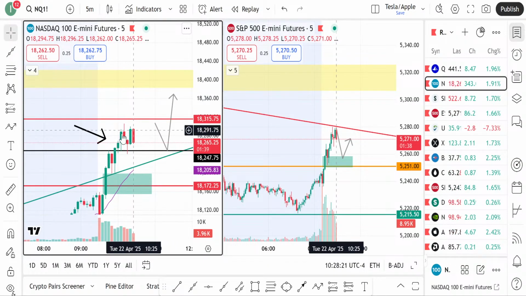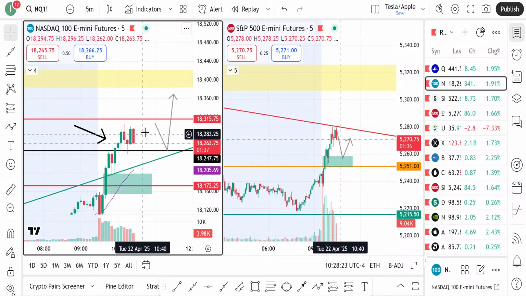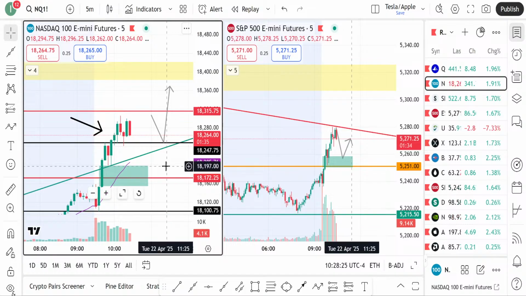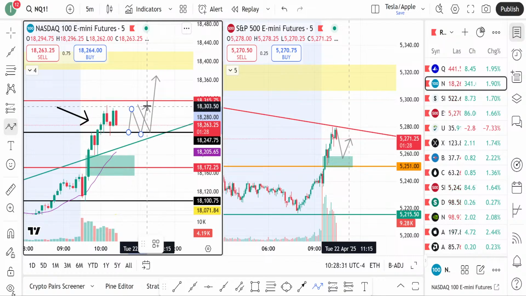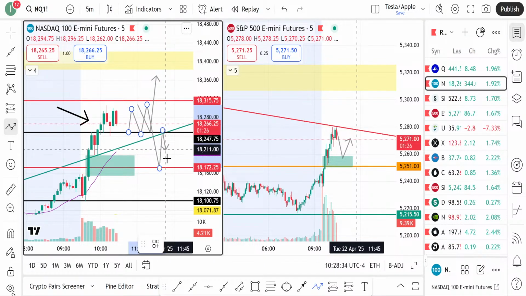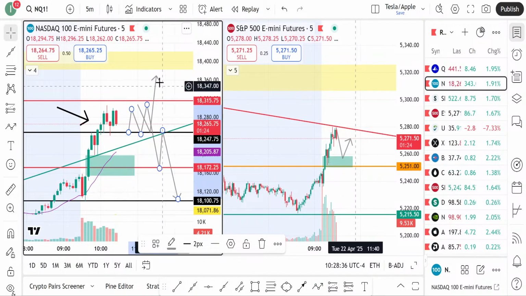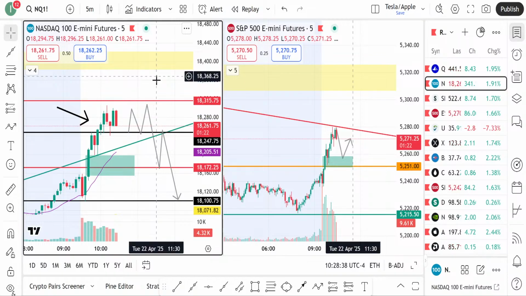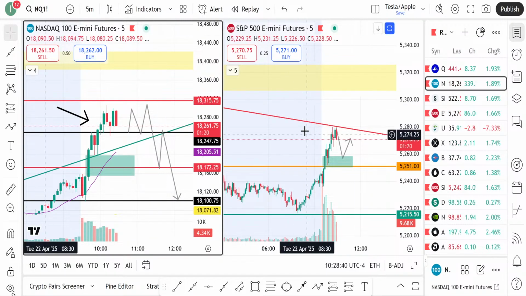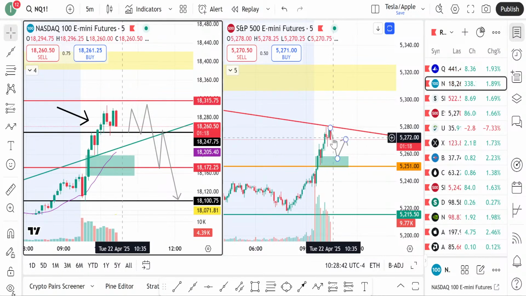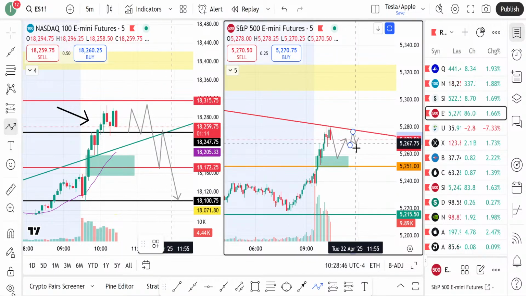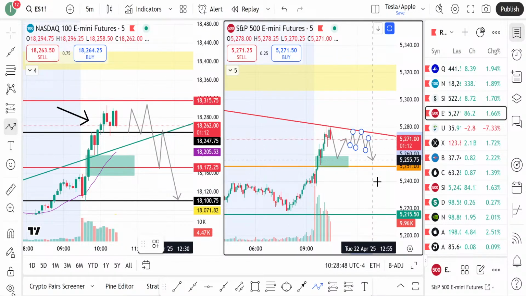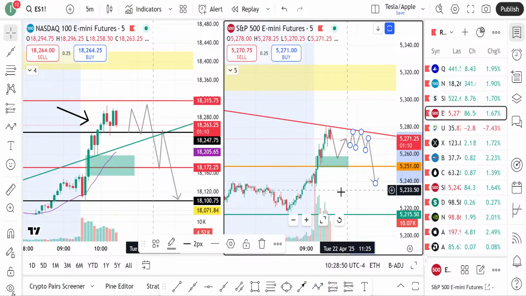If not, it looks like it's creating a double top here, and then that means it could reverse and start going down. Just like I mentioned, price is getting choppier here, probably ranging for a little bit, and then could reverse.